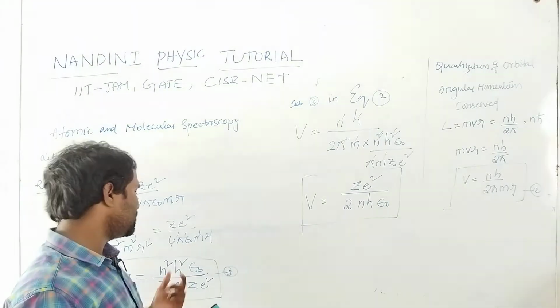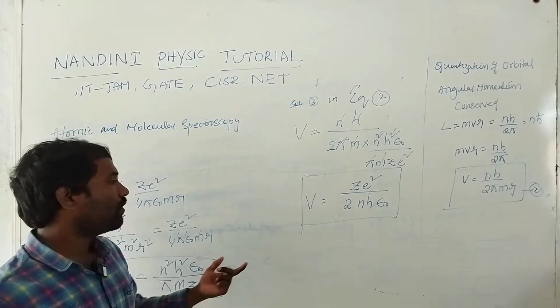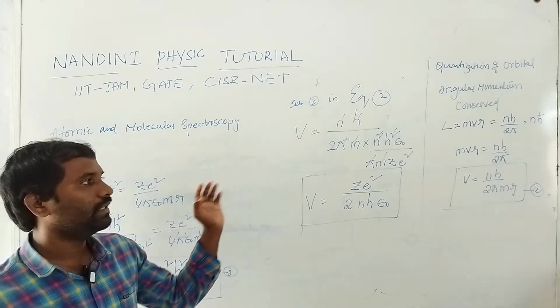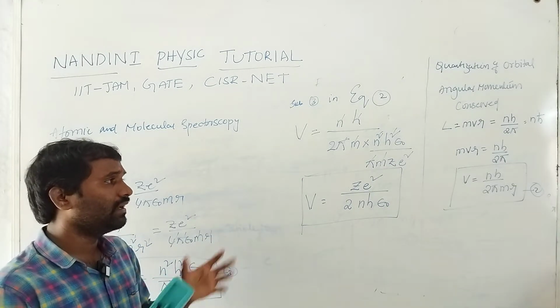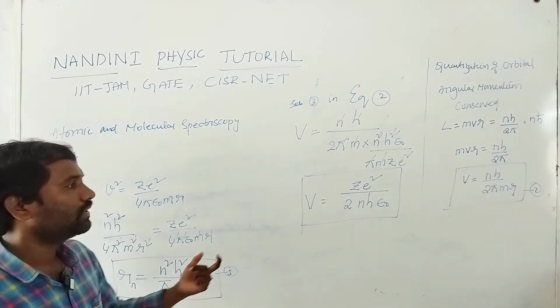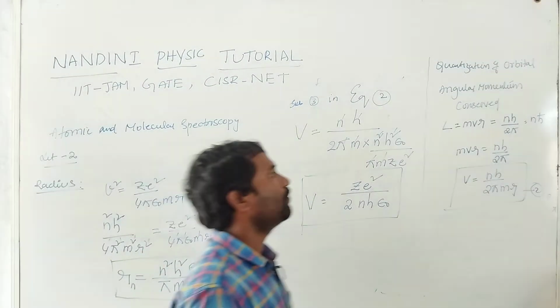These two equations come from classical and quantum theories, both of which I mixed, and I get the radius of the hydrogen atom and the velocity of the hydrogen atom. Now I want to find the energy of the atom.